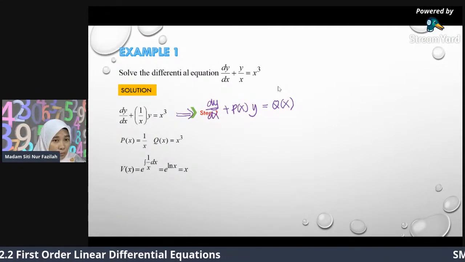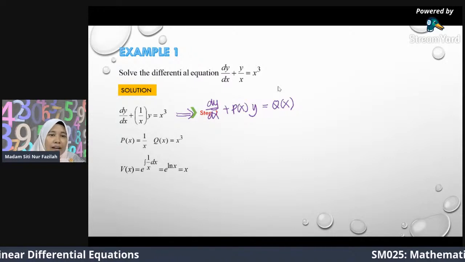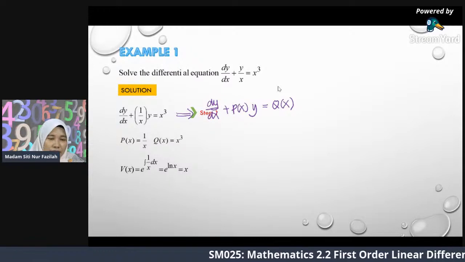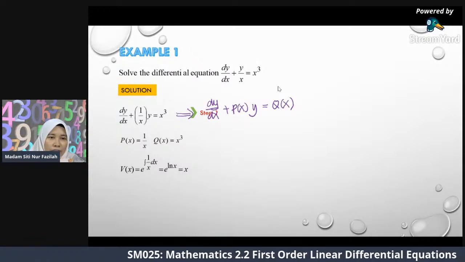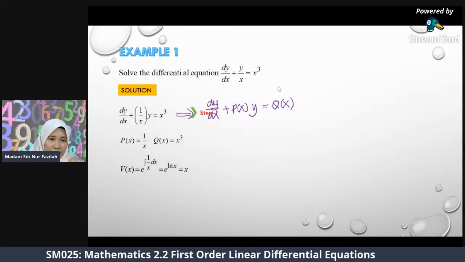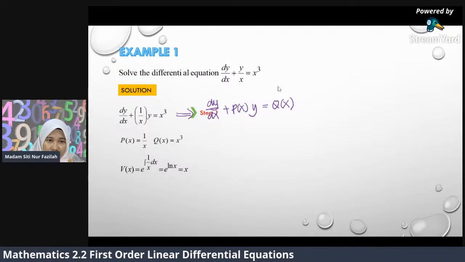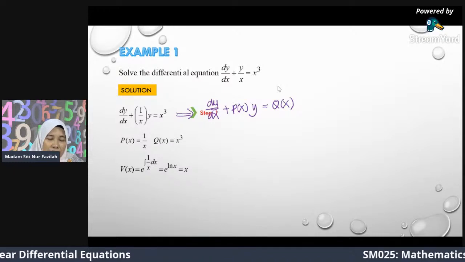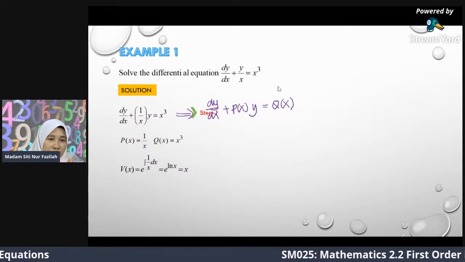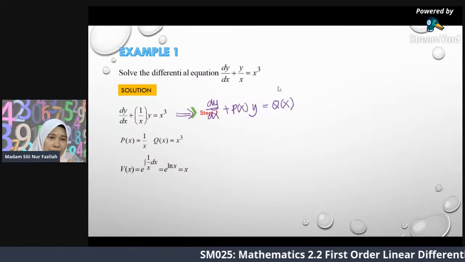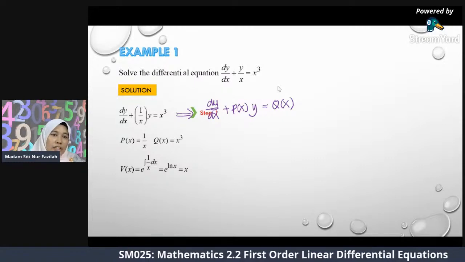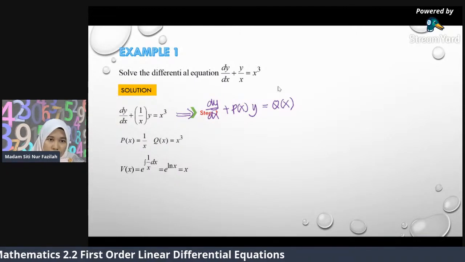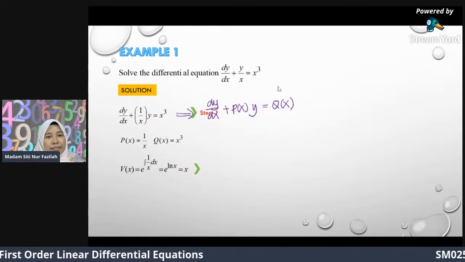Integrating 1 over x, we get ln x. That's why exponent to the power of ln x. And then we simplify, we get x only. Make sure you simplify if the function can be simplified. V(x) equals x. This is step 2.